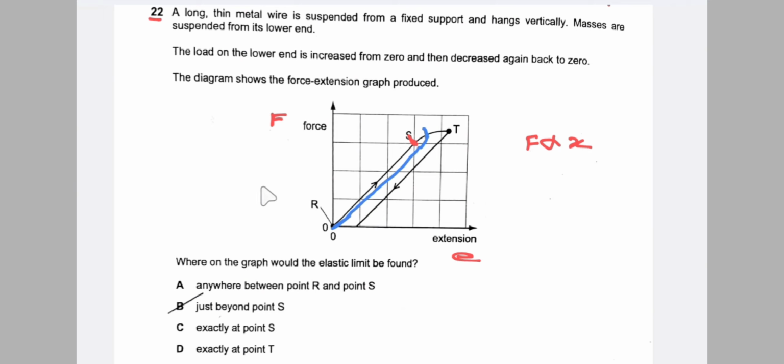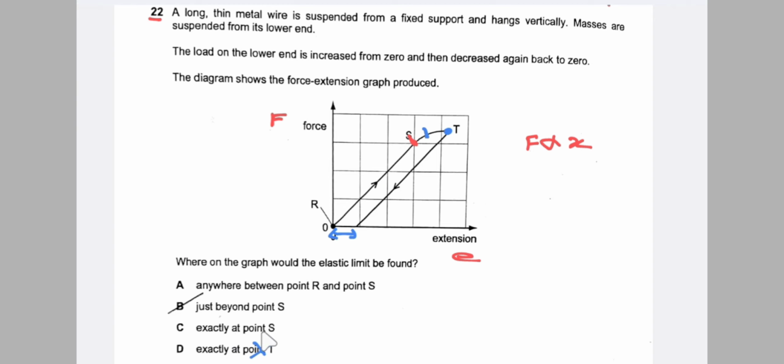As we can see, from T the wire does not return to its original length and some extension remains. Therefore point T is not the elastic limit.